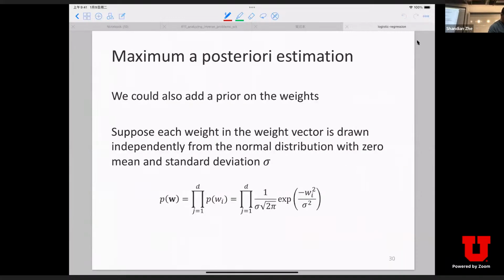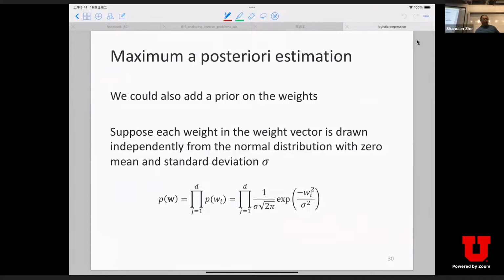Okay, so now let us move one step forward. We could also add a prior over the weights, rather than not assuming any prior over weights. Suppose we want to add a prior over the weights, how should we do that? Here we're going to choose a very commonly used prior distribution, which is a normal distribution.